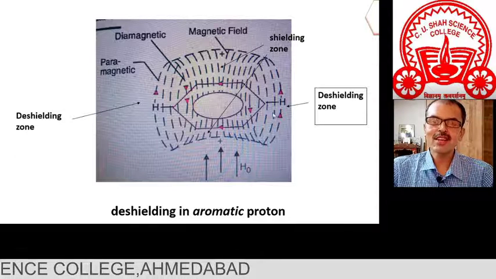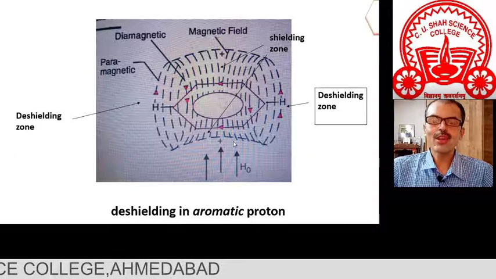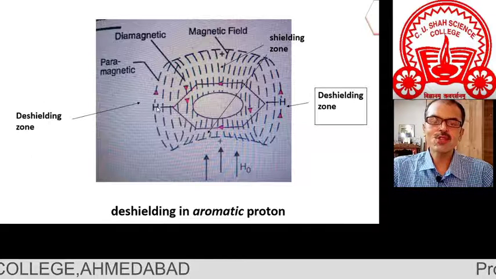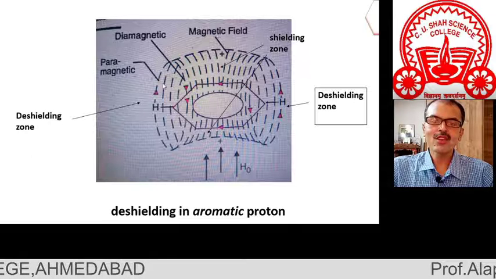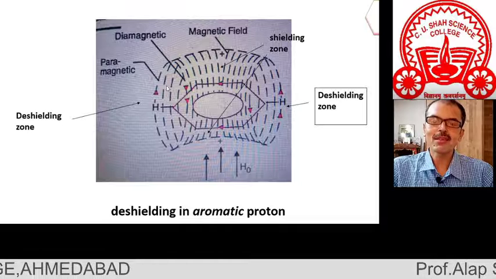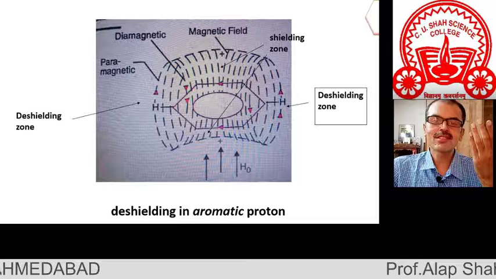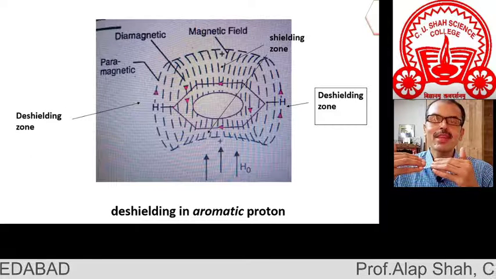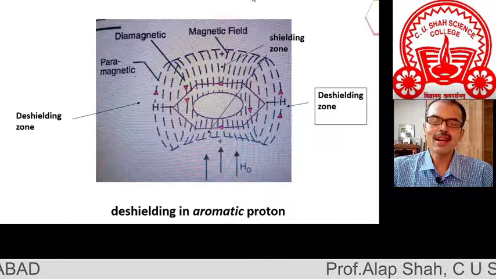The important point is the location of the proton, and these protons are situated in the deshielded zone. The meaning of diamagnetic is opposing and the meaning of paramagnetic is parallel. Usually we use paramagnetic and diamagnetic for whether electrons are paired or unpaired, but here diamagnetic means opposing and paramagnetic means parallel.